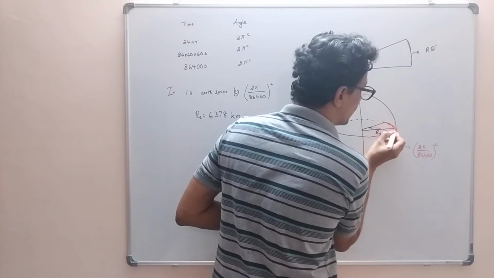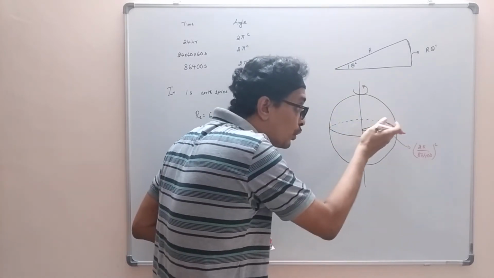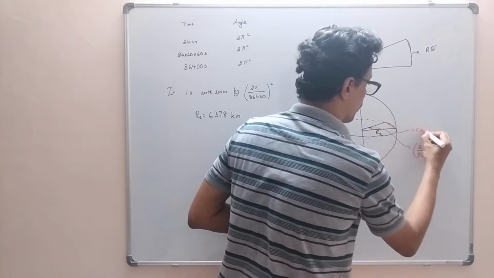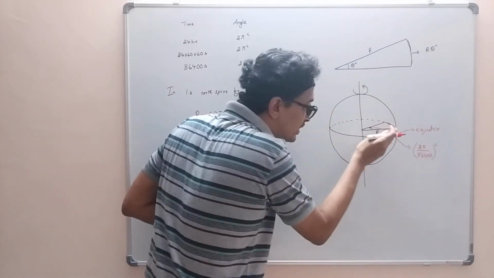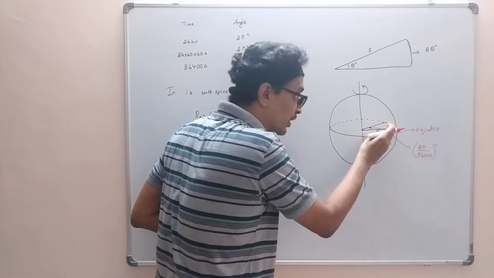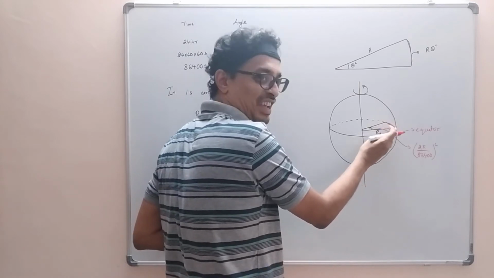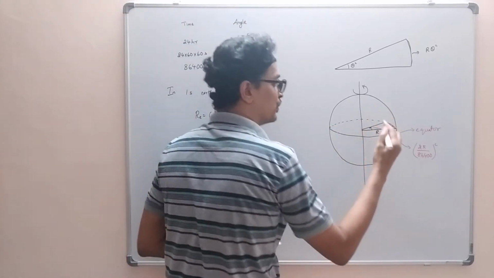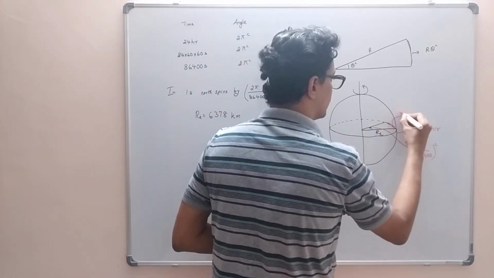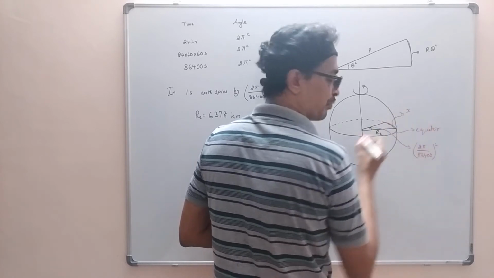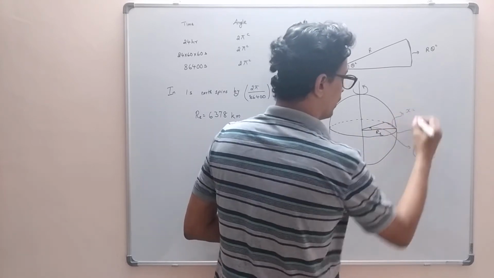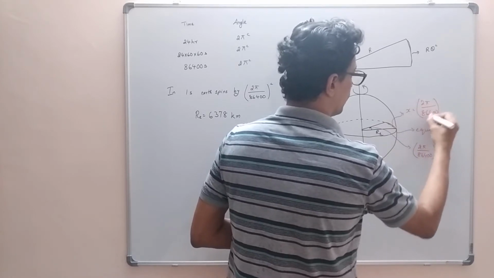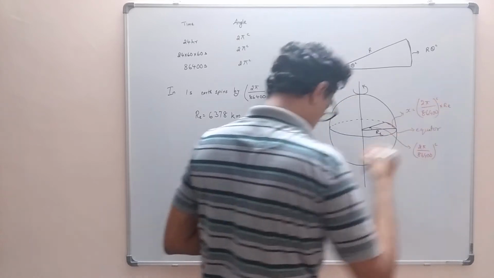The distance moved by the surface at the equator in 1 second, because the spin is at the equator. In 1 second it has made this much angle, so multiplied with the radius, this distance, let me call it x, will be 2 pi by 86400 radian into RE.